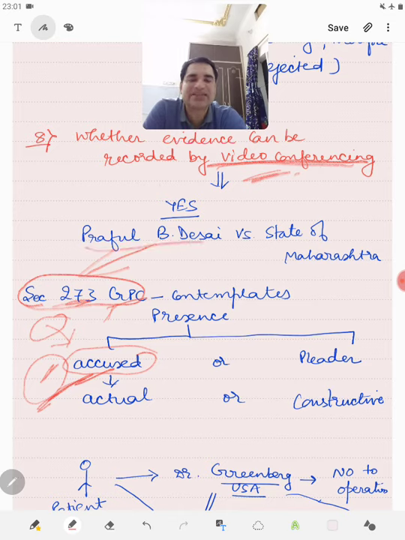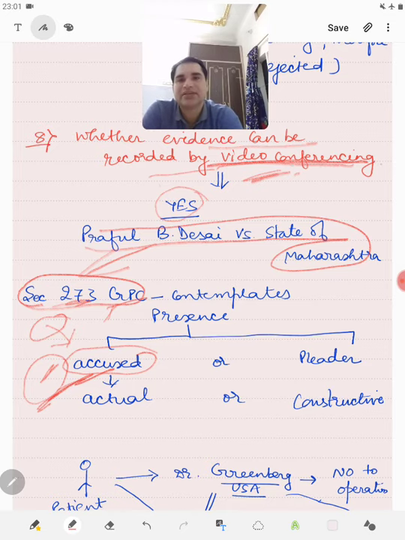In Prafulla B. Desai versus the State of Maharashtra, it was held that yes, evidence can be recorded by video conferencing. That is, the witness may be answering the question through video conferencing, and that will not be a violation of section 273.